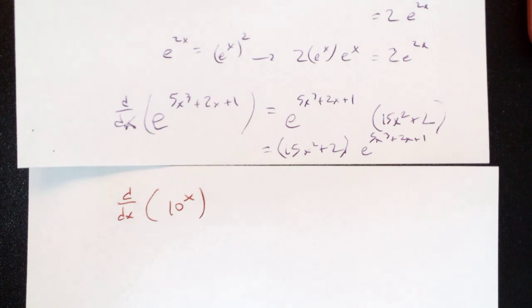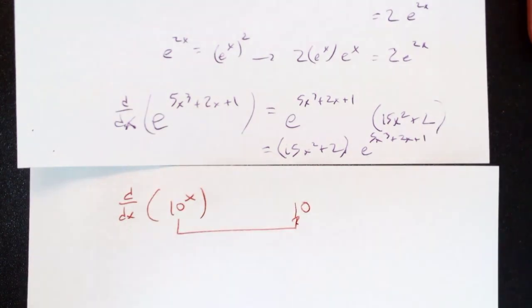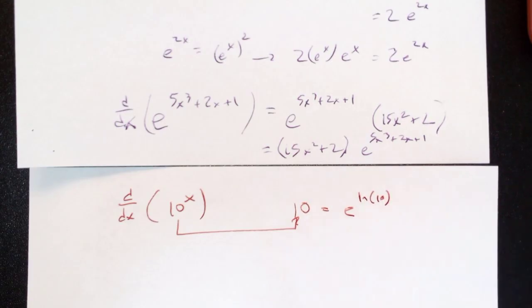e and ln undo each other, right? So I'm just going to think of this 10 here in the middle. And I'm going to say, you know what I can do? I can say 10 is the same as doing an e and an ln to 10, because they undo each other.